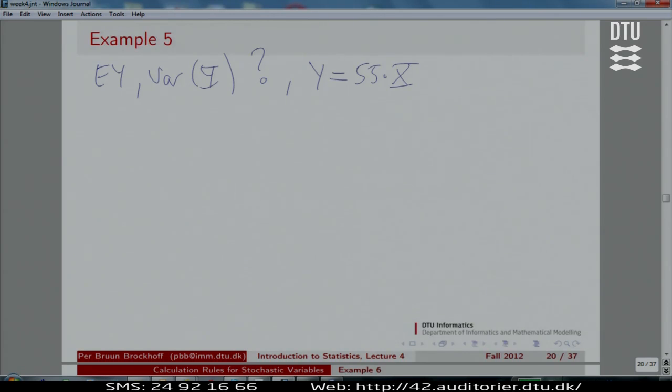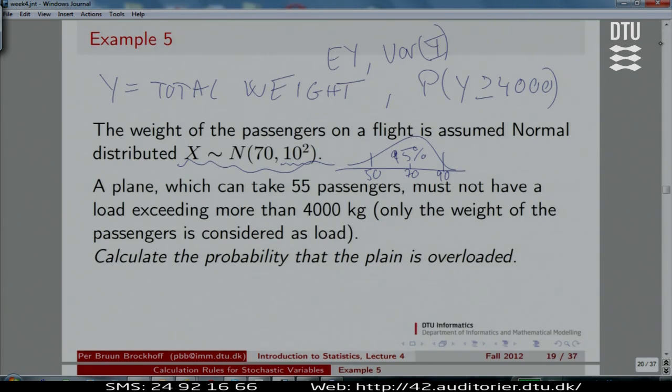I prepared the example in a way to have you sort of jump into it like this. I could have been more precise in formulating the assumption in the situation. I could have said, since I have 55 passengers, I have 55 X's in play, and each individual of those follows a normal distribution.